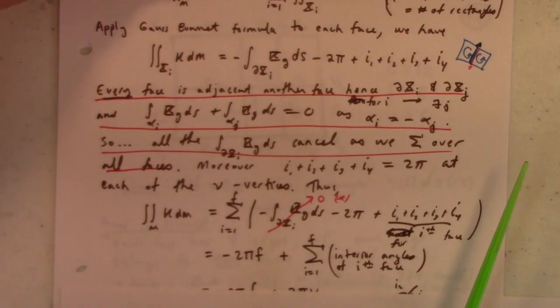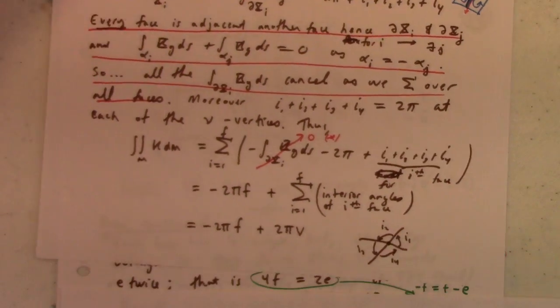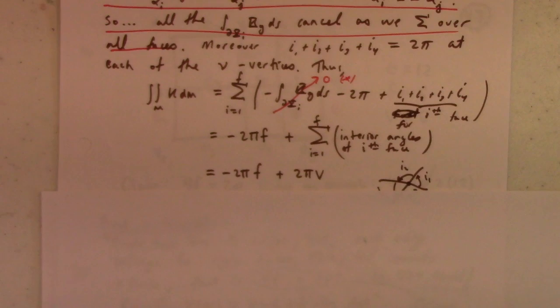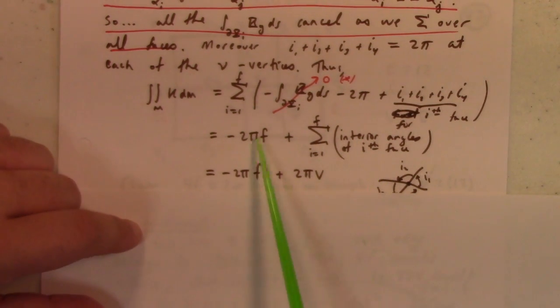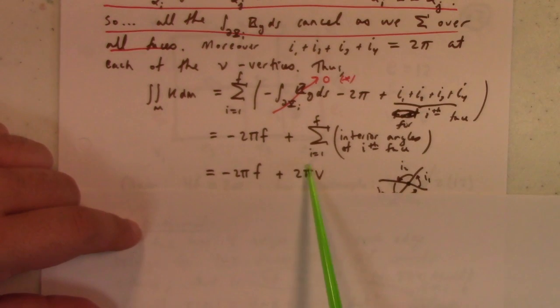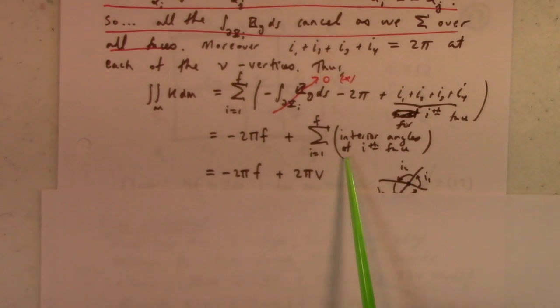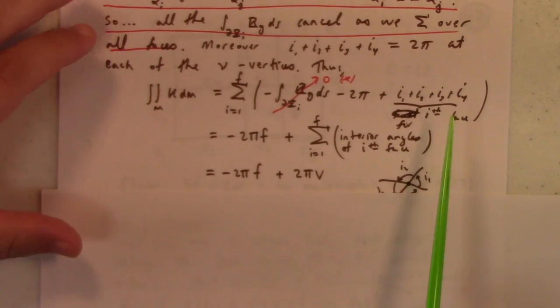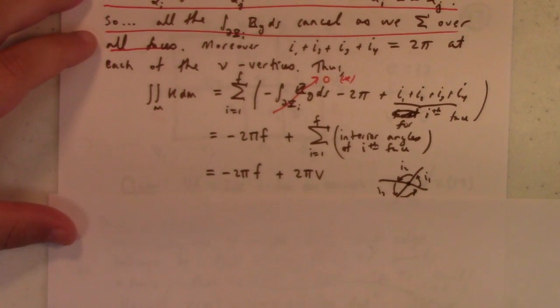But of course, the sum of a constant times f is just that constant times f, so that gives us minus 2 pi f. And then we get the sum from i equals 1 to f of the interior angles of the ith face. But the interior angles of the ith face, I say that that's 2 pi v.